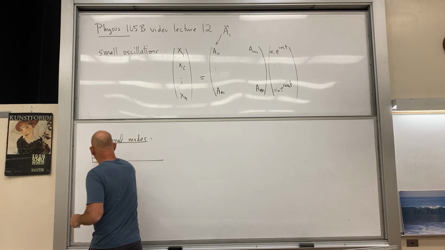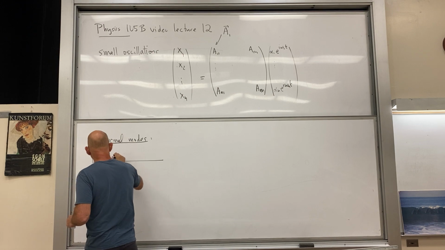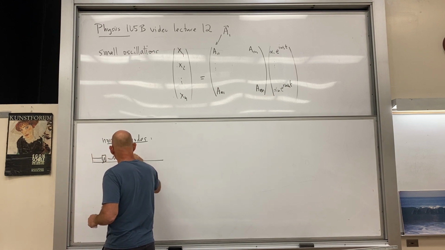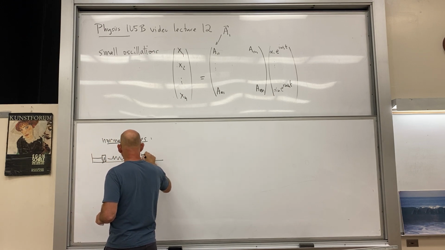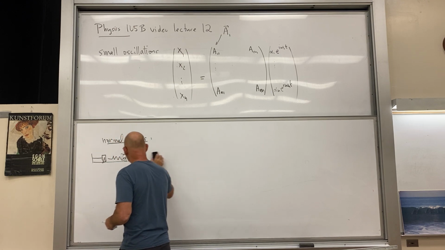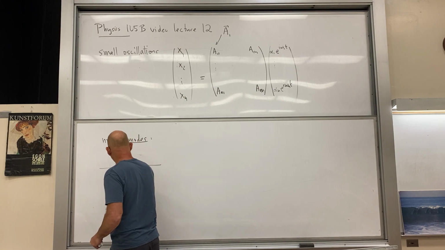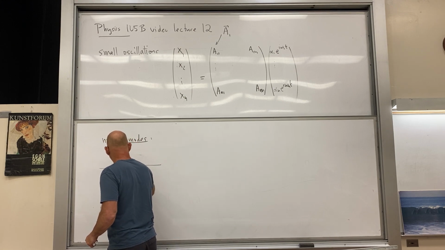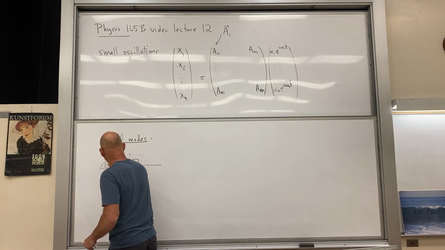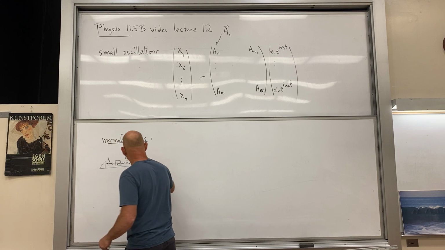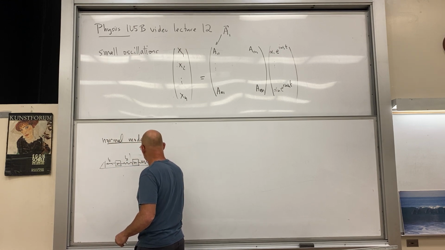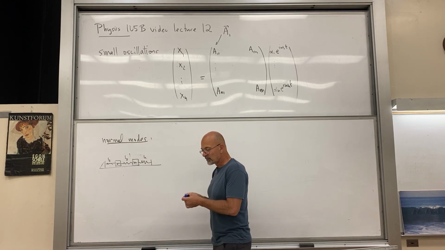3 spring 2 mass system here, which I'll just, okay, that's a bad sketch. No point in such a bad sketch. Let's try again here. So we have these 2 masses connected by K prime, no friction, connected at the ends by the spring K. What were these normal modes?